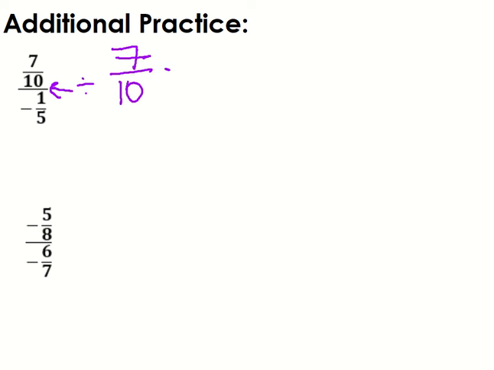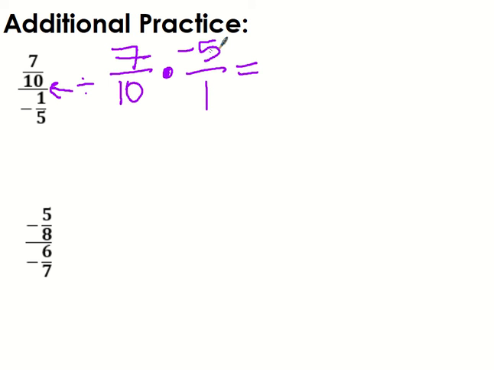We then change our division to multiplication, and we take the reciprocal of our divisor, the number we're dividing by. So I would flip that over. That's what reciprocal is, when we flip it over.